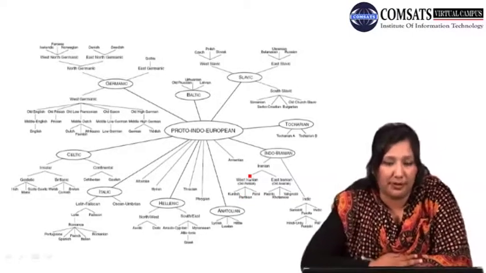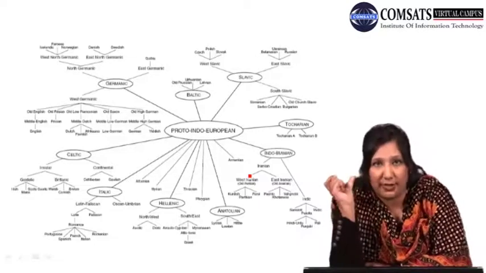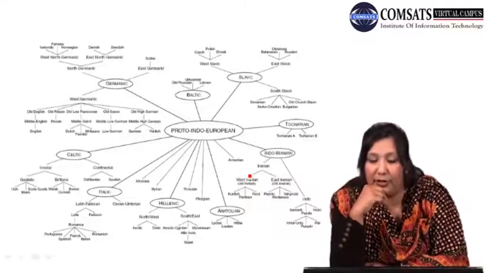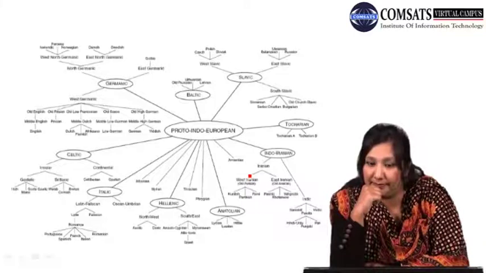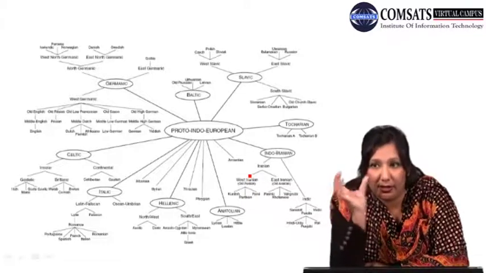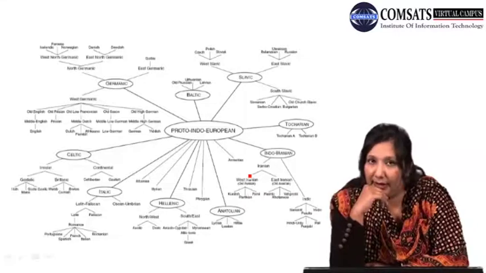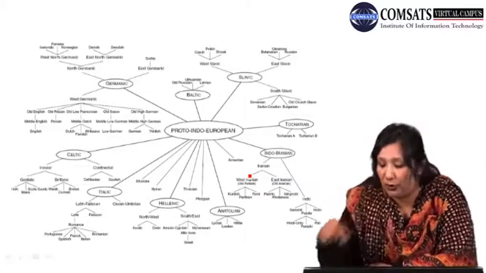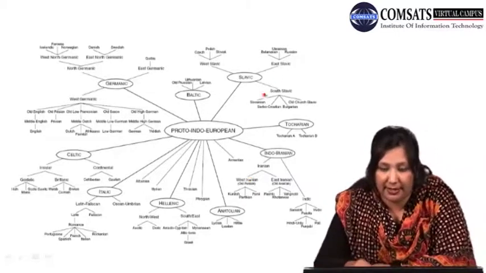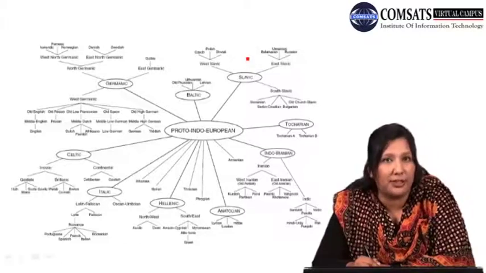You can see in the picture that there is one thing written in the middle. It's Proto Indo-European. This is the main language family. Now you would notice that there are many major branches.